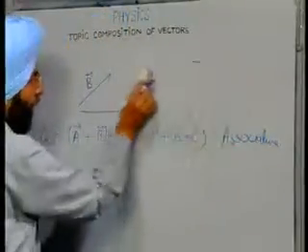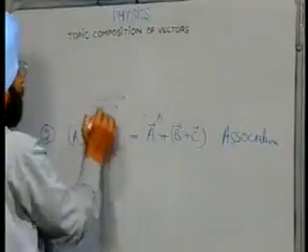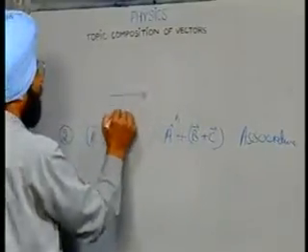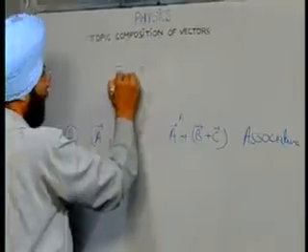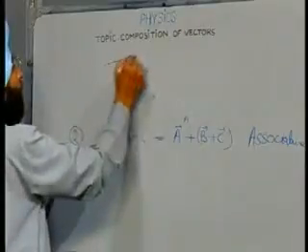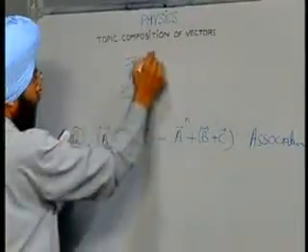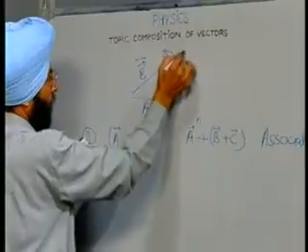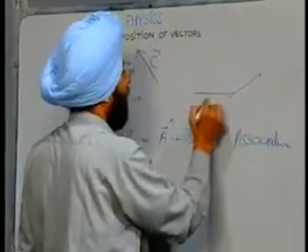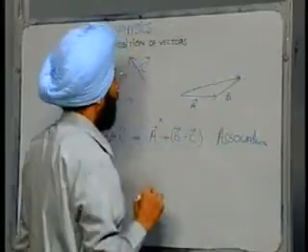Suppose we have three vectors, A, B, C. Now if we add these vectors, A plus B is given by the third side of the triangle.